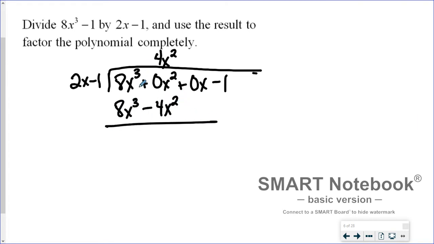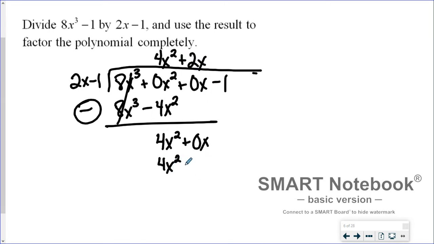I'm subtracting here, remember? So these will cancel. 0 minus negative 4 is positive 4. And I can bring down my 0x. What do I need to multiply this by to get this? That would be 2x. If I distribute, I get 4x squared, which is what I want, minus 2x.